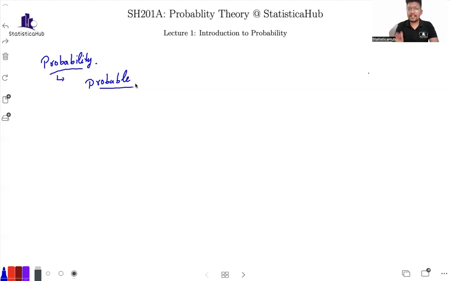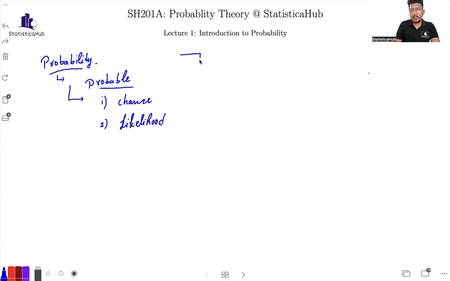Some sort of likelihood. So probability can be seen in the form of chance, or maybe in the form of likelihood, correct? That's how we can see the meaning of probability.